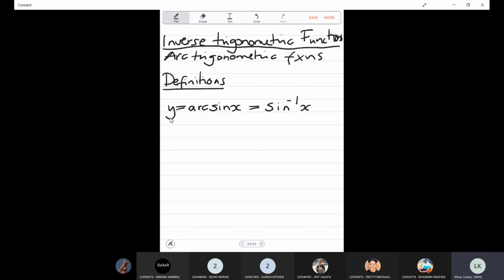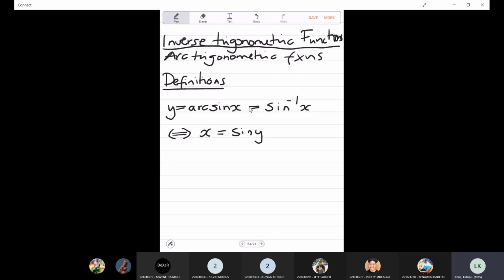So if you have a function y is equal to sine inverse of x, this means that x is equal to sine of y. So you have this equation, x is equal to sine y, and how we make y the subject of the formula is by taking arc sine or sine inverse on both sides.